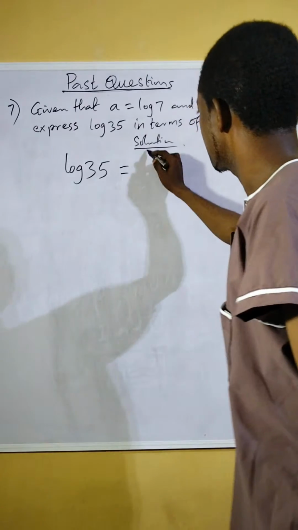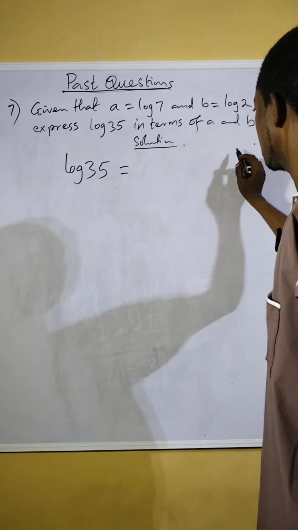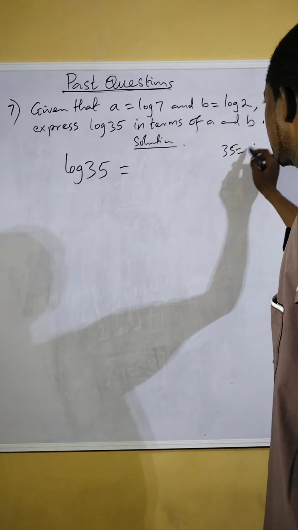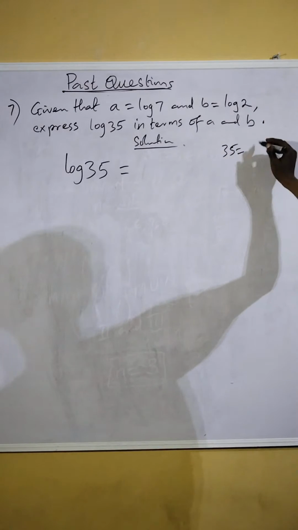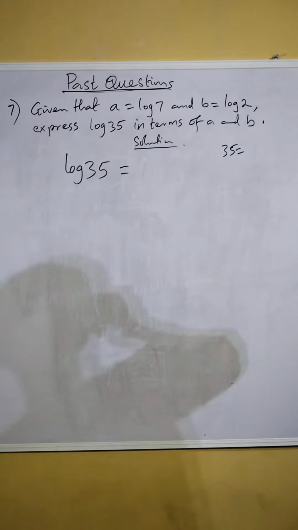Now, we can break 35 here, can be separated as 5 times 7, or another way of separating this.